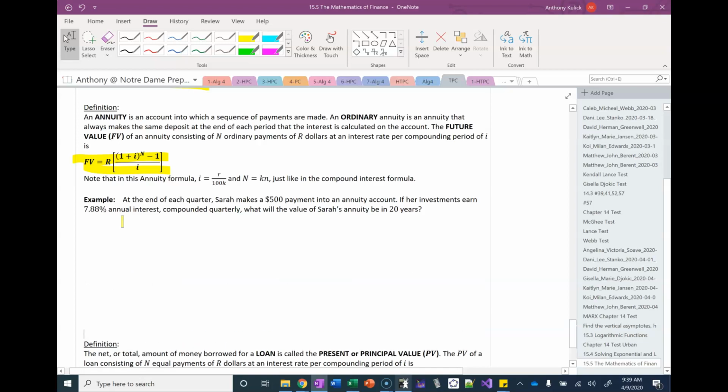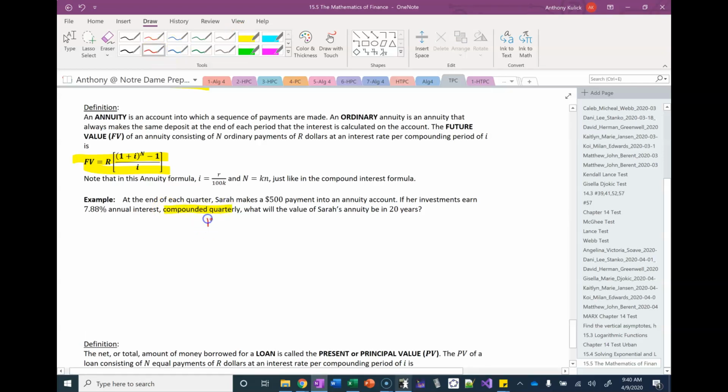So let's look at an example. At the end of each quarter, Sarah makes a $500 payment into an annuity account. Her investments earn 7.88% annual interest compounded quarterly.